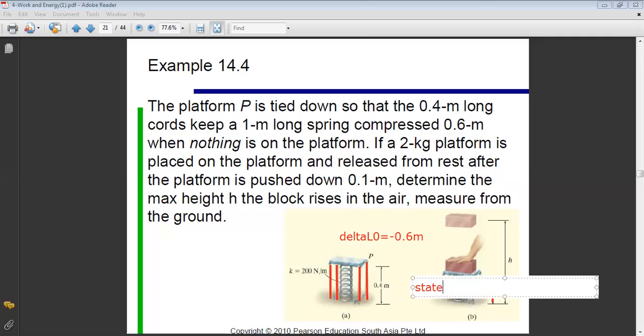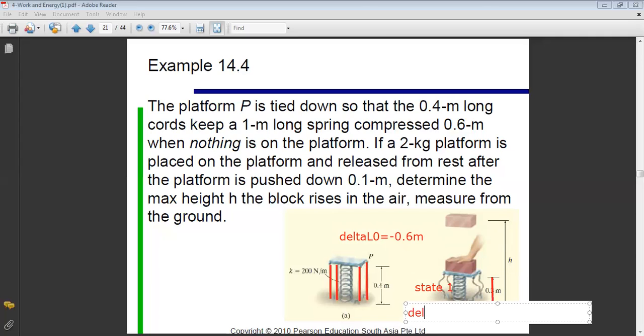And at state 1, what will be the compression of my spring? It was already compressed 0.6, and I pushed it down 0.1. So in total, delta L1 is equal to minus 0.7 meters.